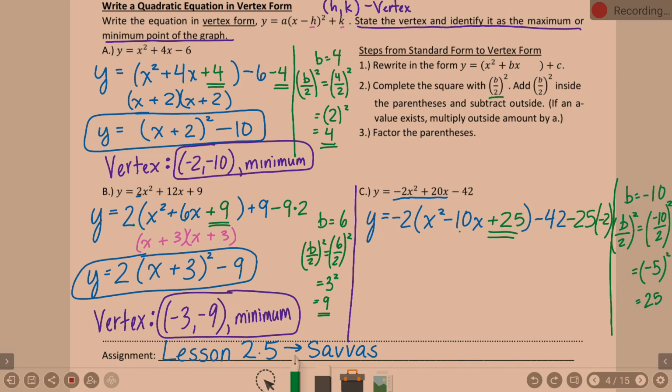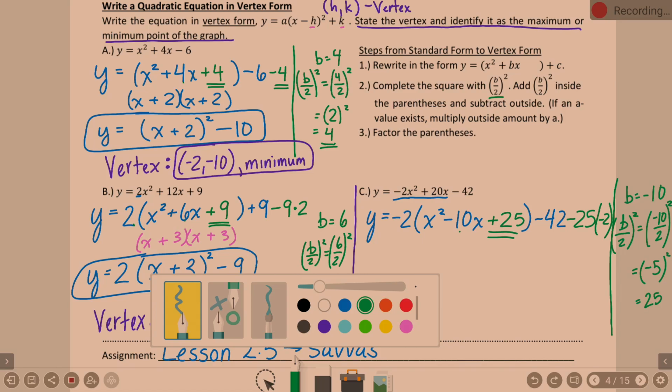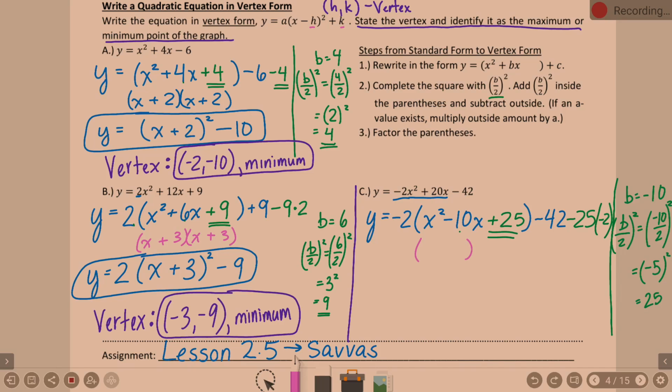Step 3 is technically your final step, just factor. I just think of it, the square root of x squared is x. The square root of 25 is 5. What kind of 5s? Negatives, because they had to be negative 10. I mentioned this yesterday.